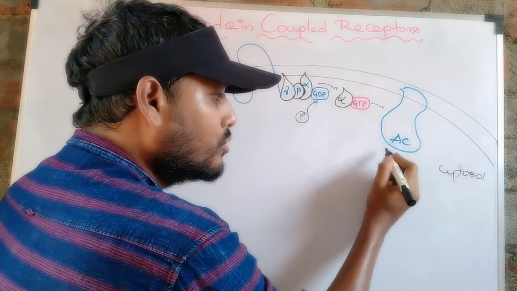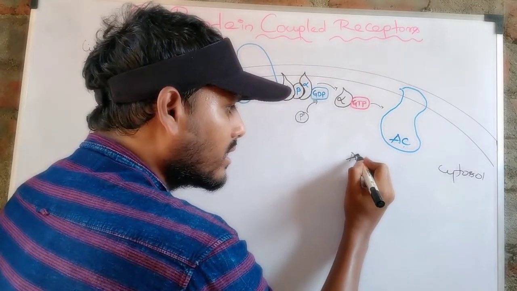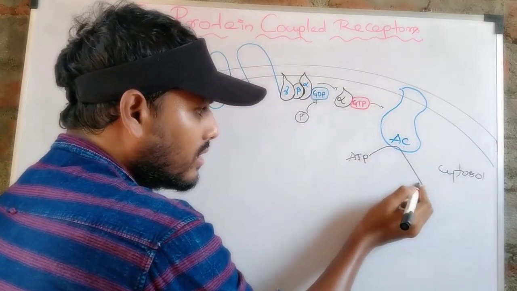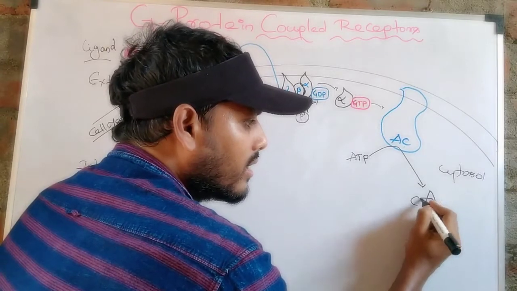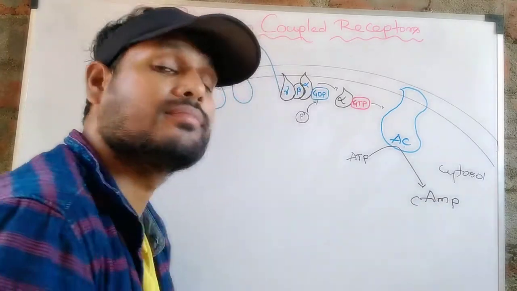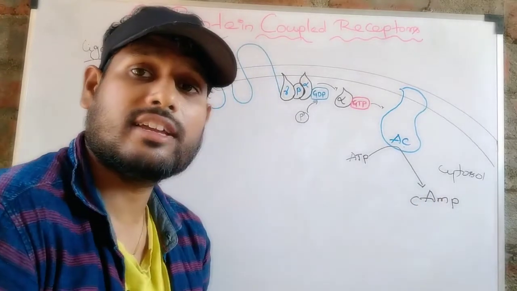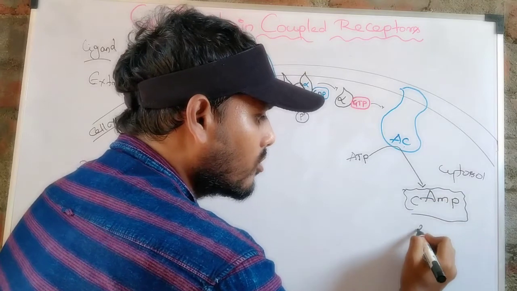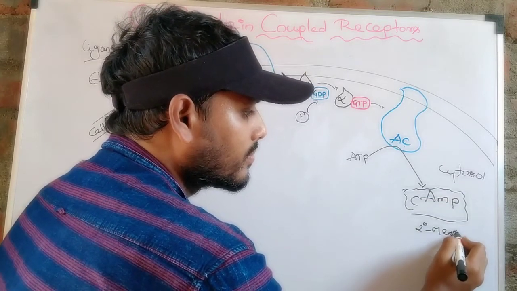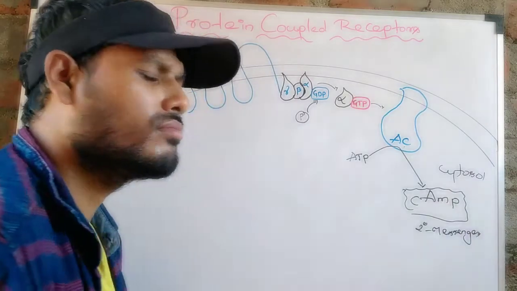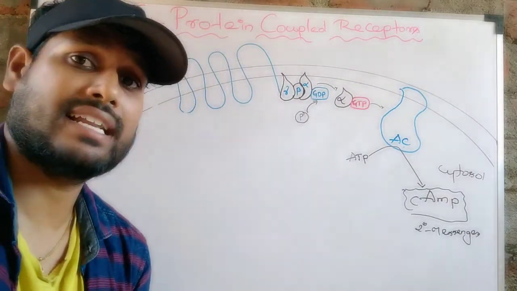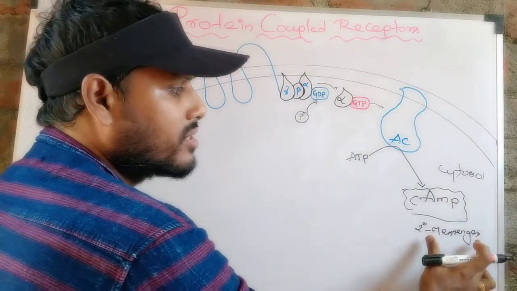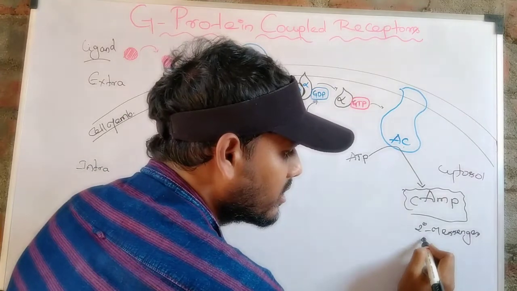Using the energy from ATP, it will create cyclic adenine monophosphate. This is one of the secondary messengers, and cyclic AMP plays a major role in your body. So that is how these secondary messengers are created. Lots of secondary messengers will be created.